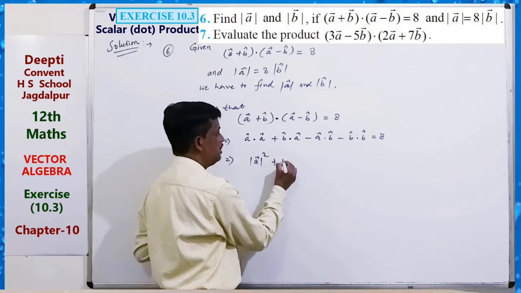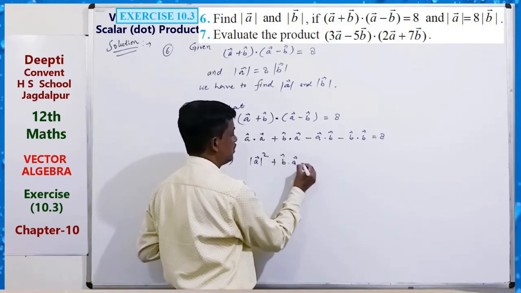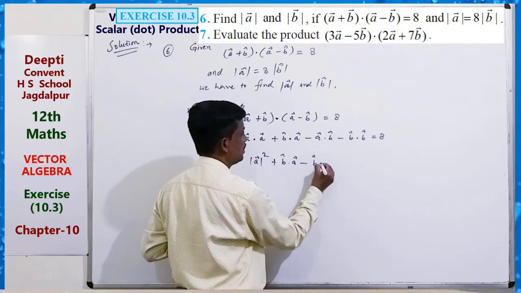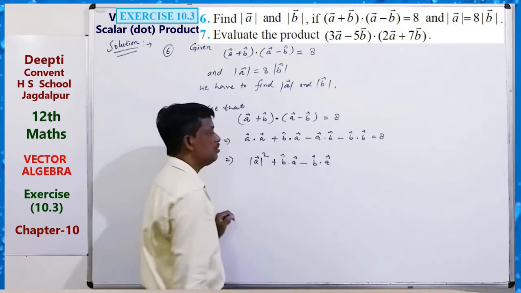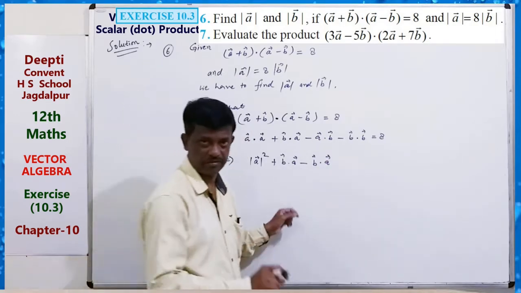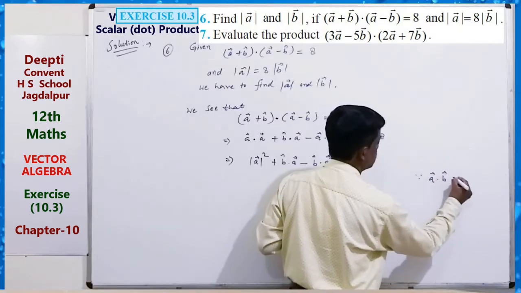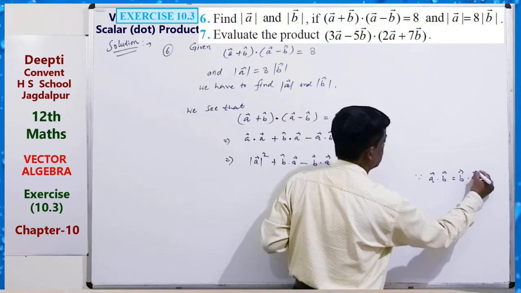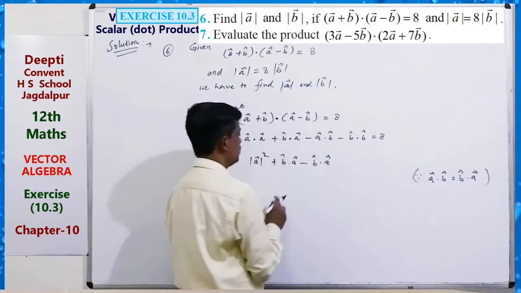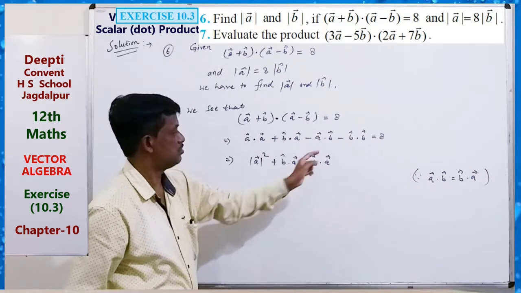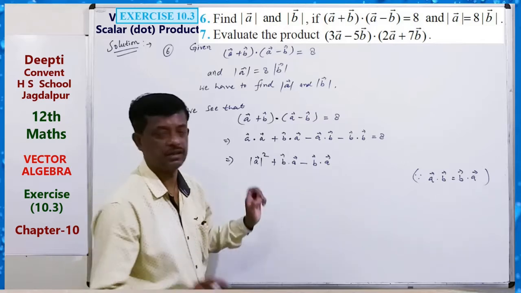Here B dot A minus A dot B, we can write A dot B equals B dot A because of commutativity. Since A dot B equals B dot A, in place of this we can write this, both are cancelled.